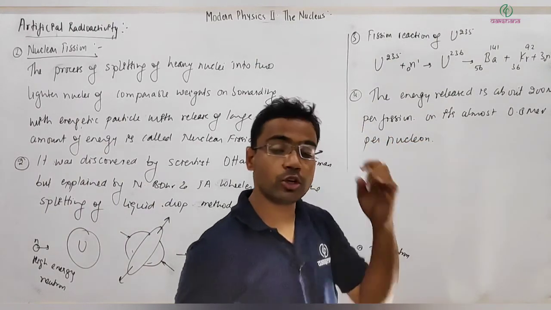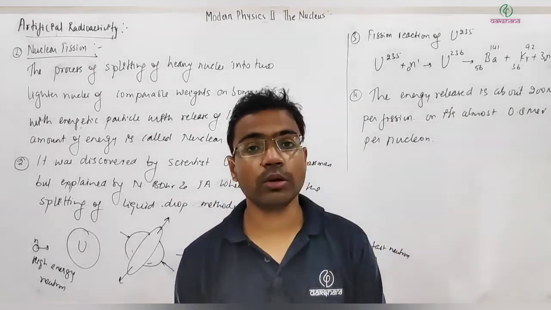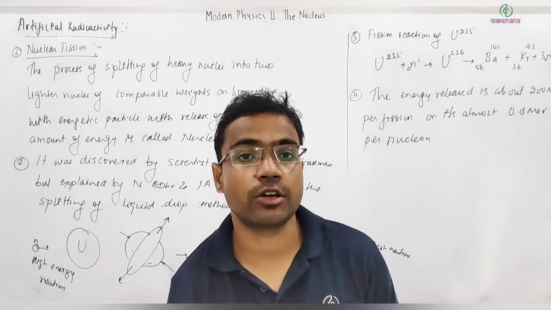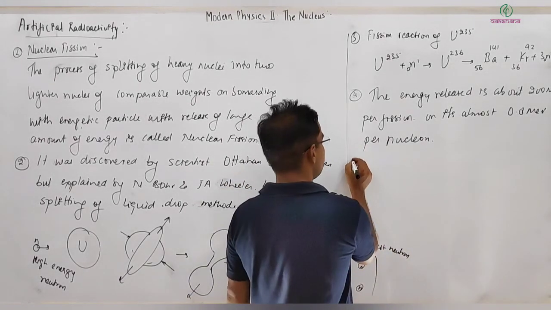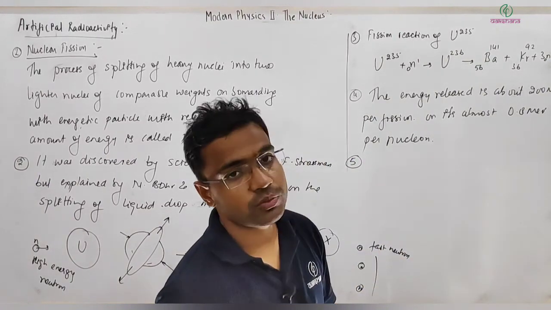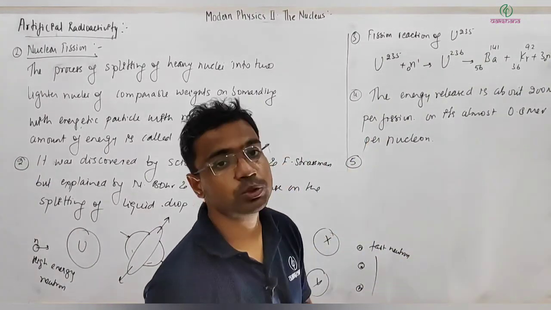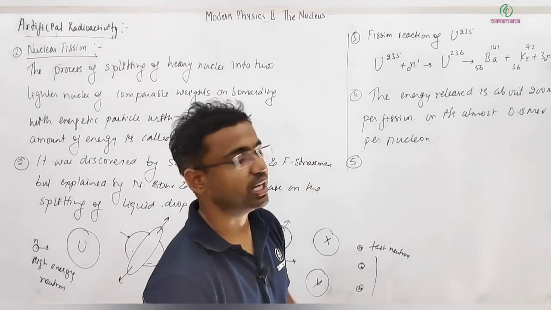You know, in the Hiroshima and Nagasaki bomb explosions, the energy released was of this order, and how much destruction it caused, you know that. So this is normal in a nuclear reaction: almost 200 mega electron volt per nuclear fission of uranium-235, and around 0.8 mega electron volt per nucleon.